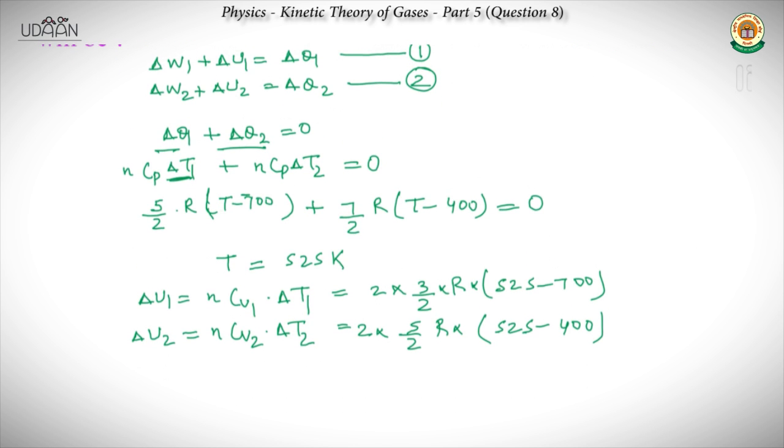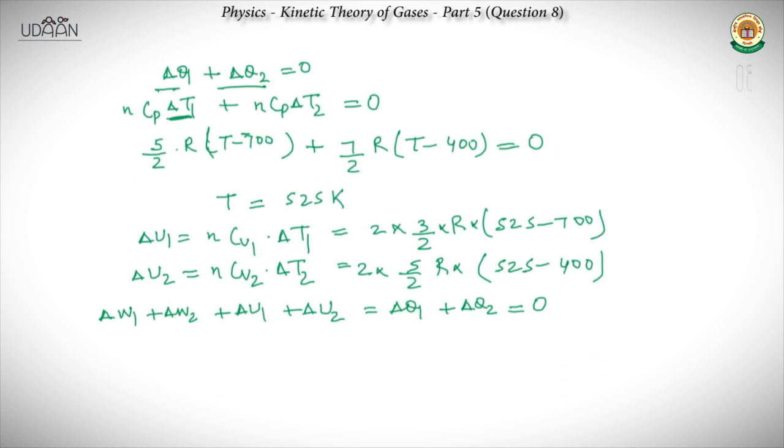Now we see here that when we add these two equations, we get delta W1 plus delta W2 plus delta U1 plus delta U2 equals delta Q1 plus delta Q2, which would be 0.